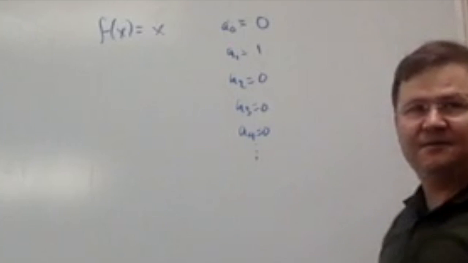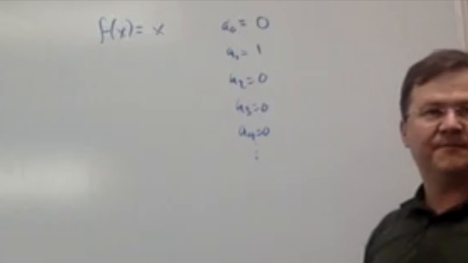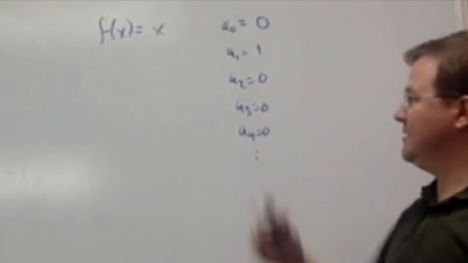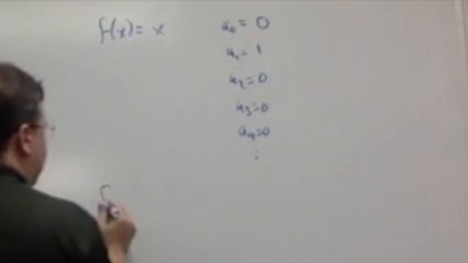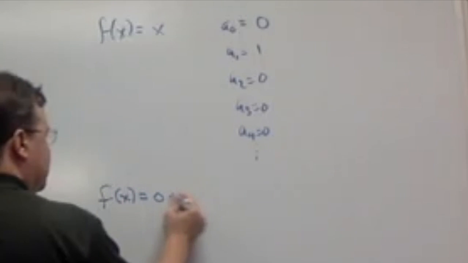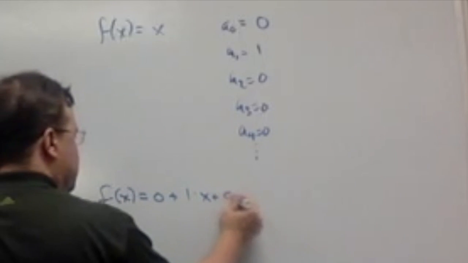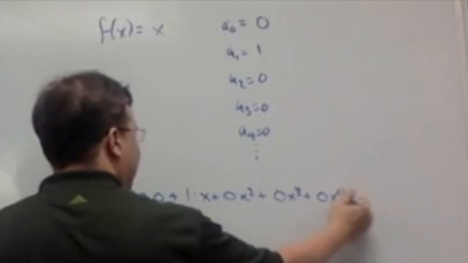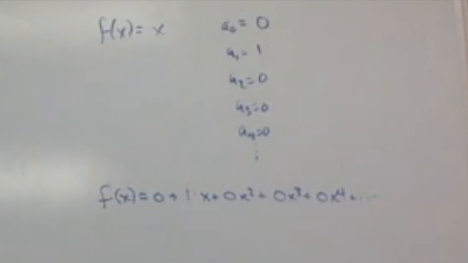I'm not tracking why. Because this is 0 plus 1 times x plus 0 times x squared plus 0 times x cubed. You're right. So some power series are easy.